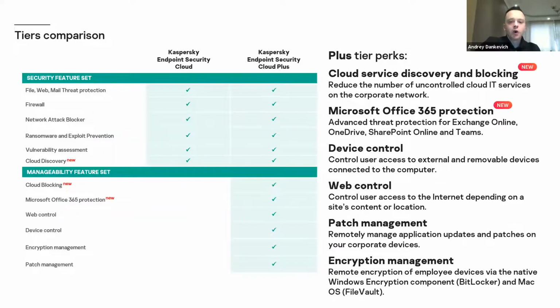So this is basically how we present the capabilities of Kaspersky Endpoint Security Cloud, and what I, as a partner, want to bring your attention to is how we split the capabilities between two tiers of Kaspersky Endpoint Security Cloud.